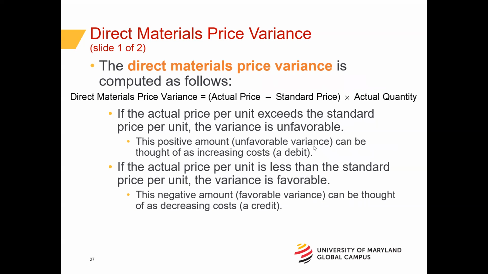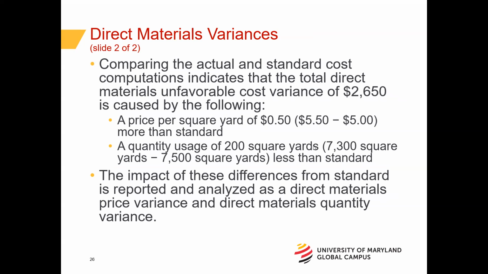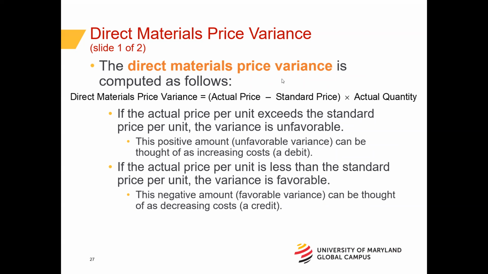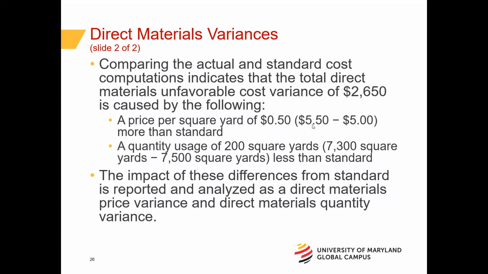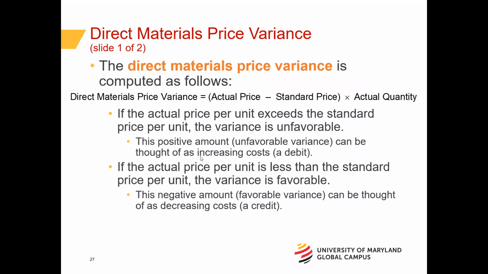The standard price was $5, a difference of 50 cents. 50 cents times the actual quantity. We produced, how many? 5,000, right? So 50 cents times 5,000 gets you the direct materials price variance.